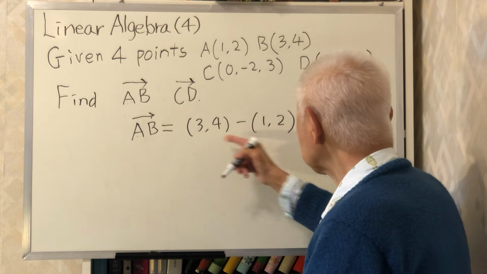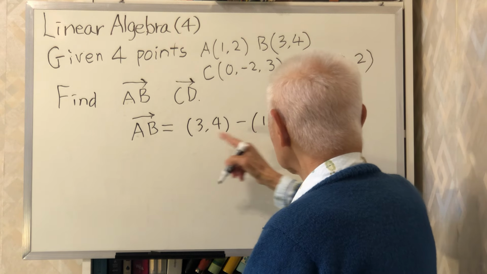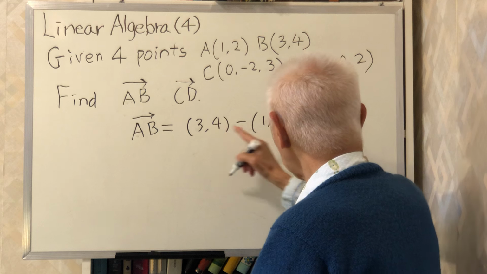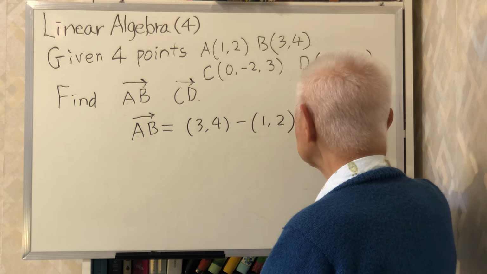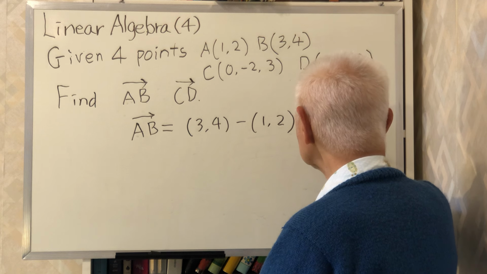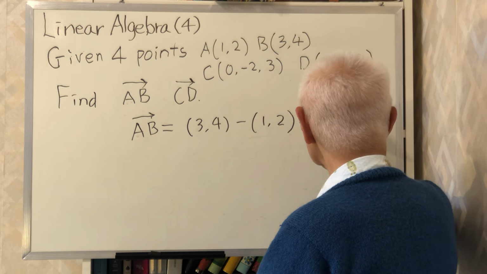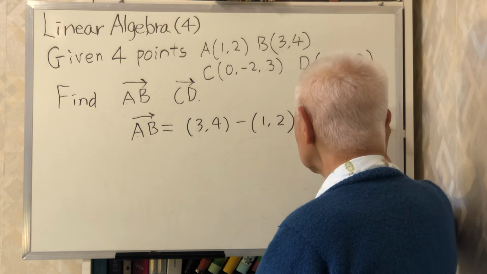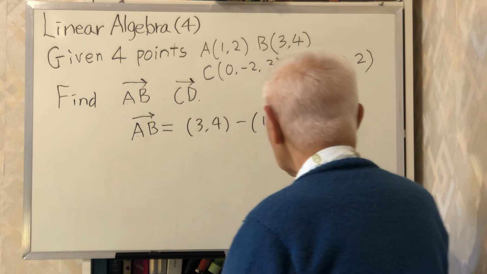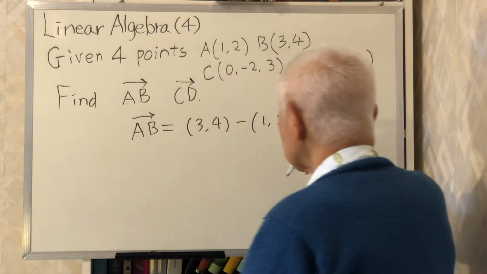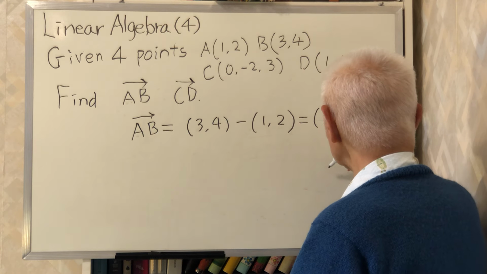And this is x minus x, y minus y. Therefore, this is equal to 2 and 2. So this becomes a vector now, 2, 2.